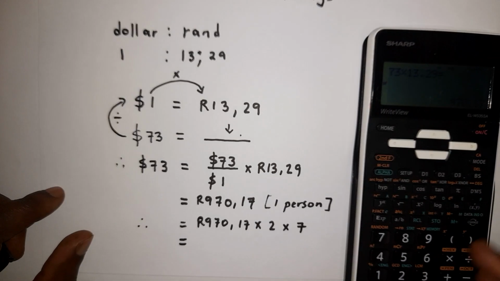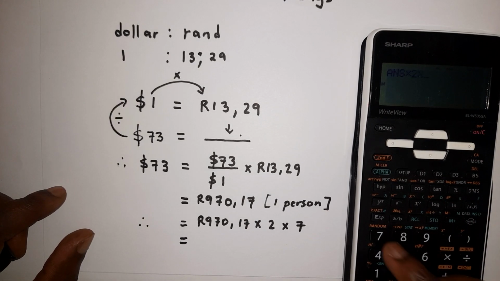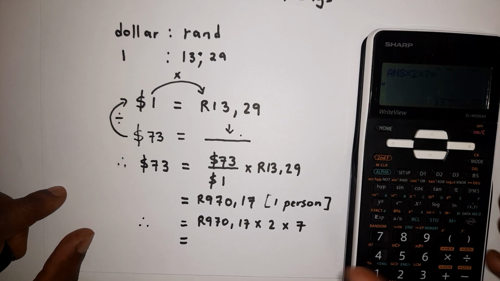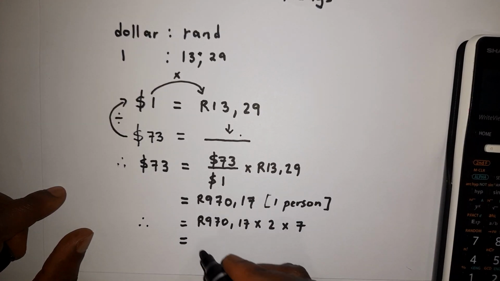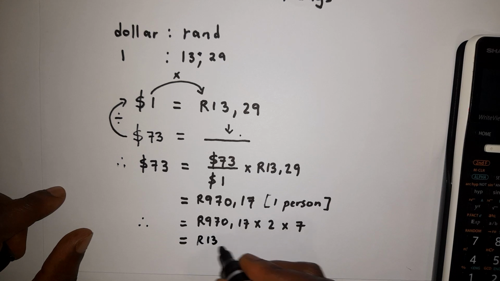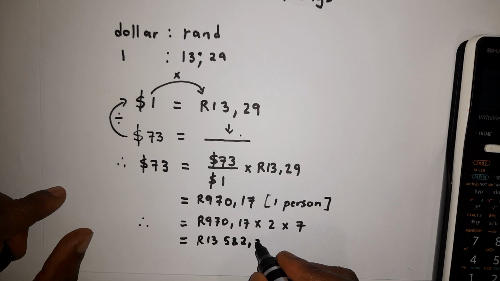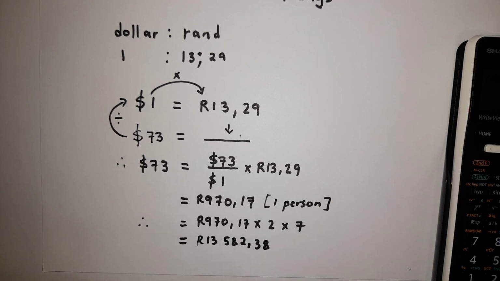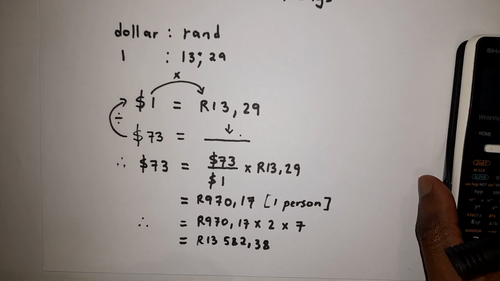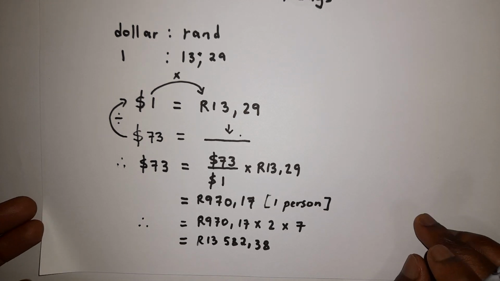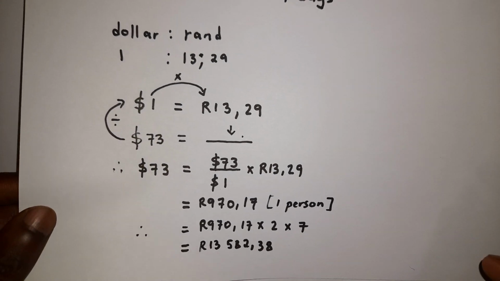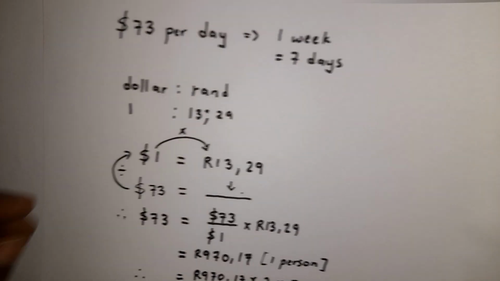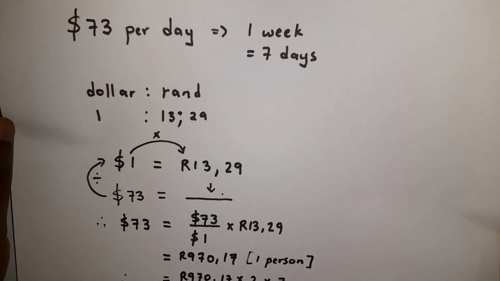Therefore, the total becomes 970 times 2 times 7, giving us a total of 13,582 rands and 38 cents. So it means these people, if they are planning on going there, they will need to have 13,582 rands and 38 cents if they decide to spend a week at the hotel in America.